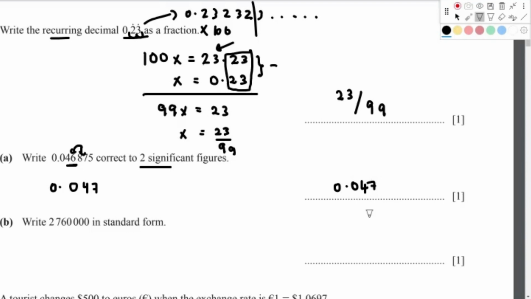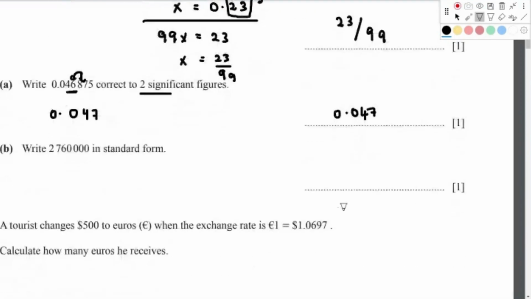Okay? Now the next question. If you want to write this in standard form, it is when you have times 10 to the power of n. The n is determined by how many times you move your decimal point. So here, 1, 2, 3, 4, 5, 6.